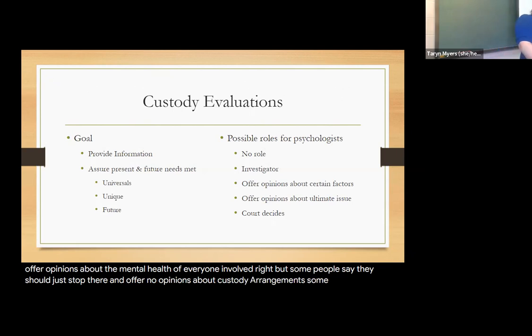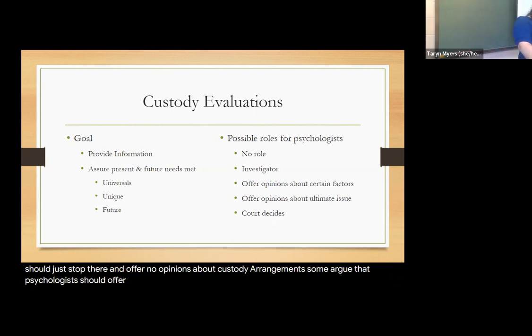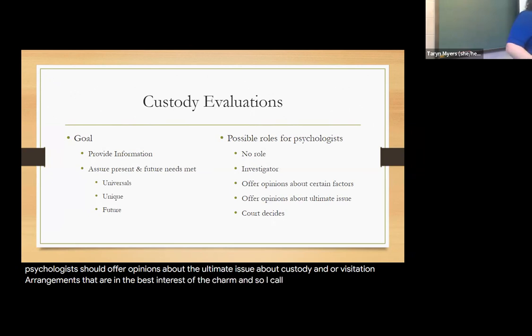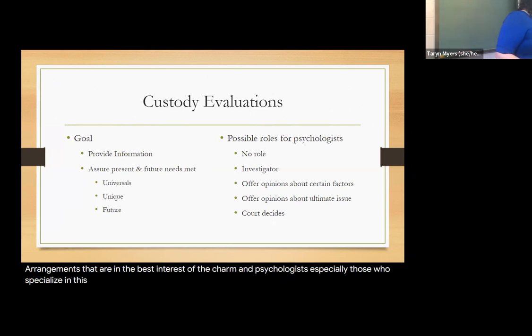Some argue that psychologists should offer opinions about the ultimate issue, about custody and or visitation arrangements that are in the best interest of the child. And psychologists, especially those who specialize in this, would argue that they are in fact the most qualified to do so. But in most cases, the court will determine the role that the psychologist will have.